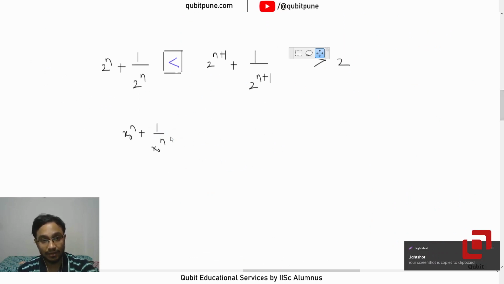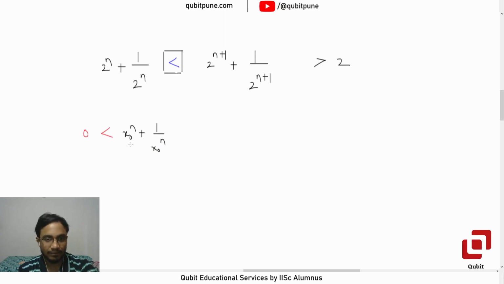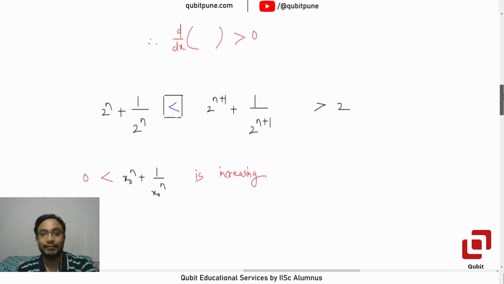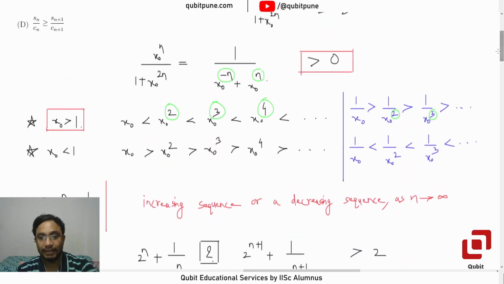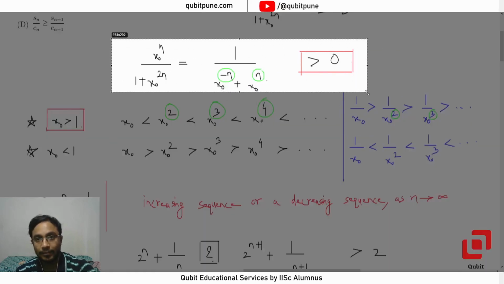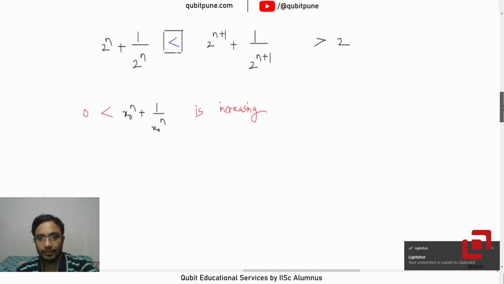This function now being, well, we have already ensured that the values are positive, this function is increasing. But we actually don't have that function, right? What do we have? We have its reciprocal here.